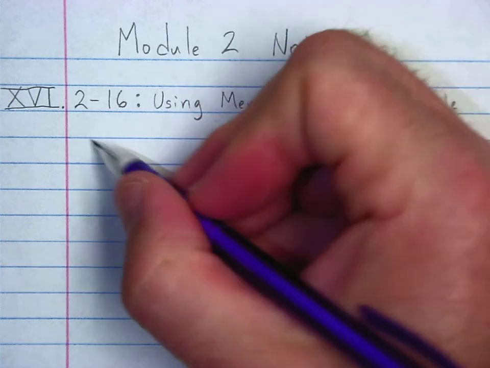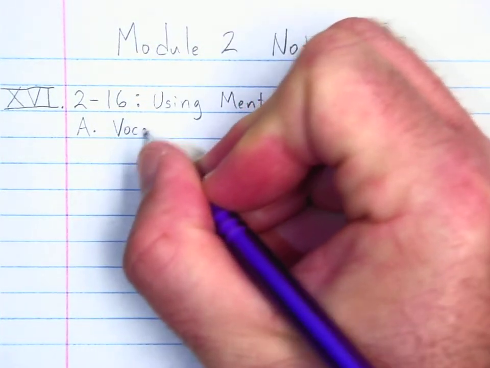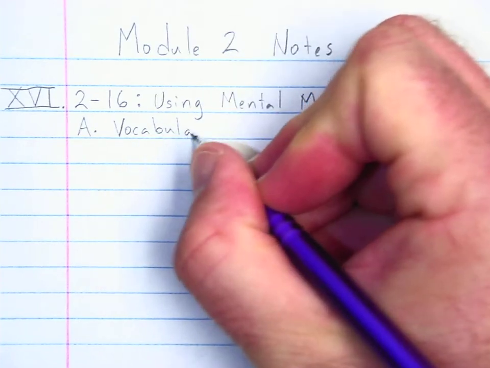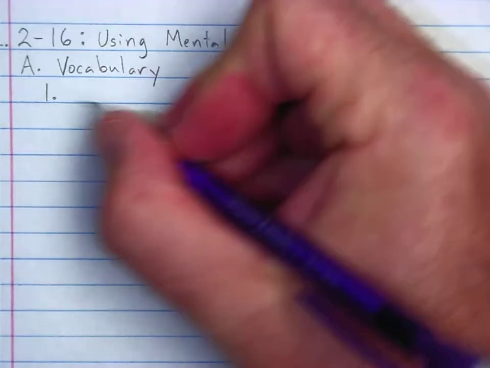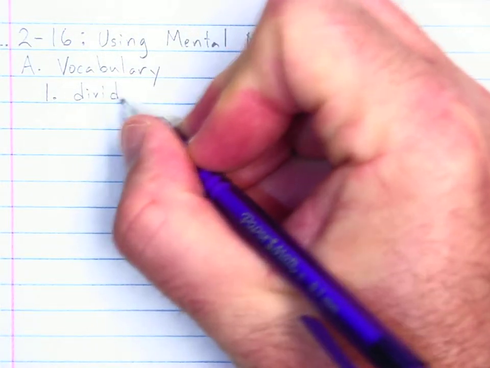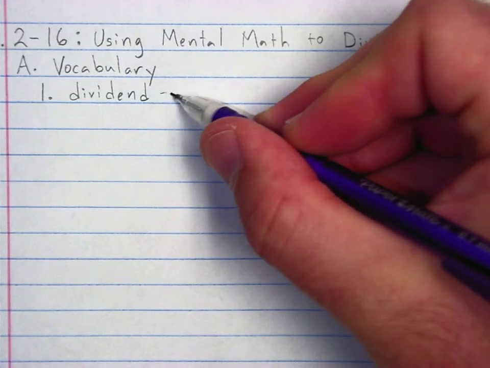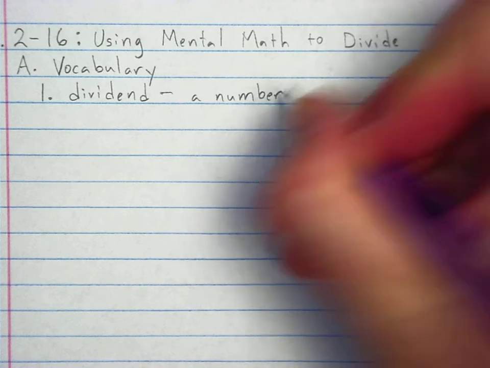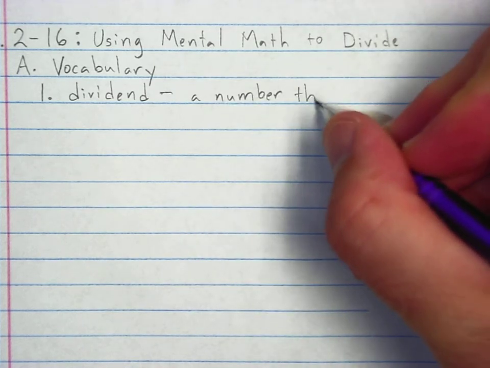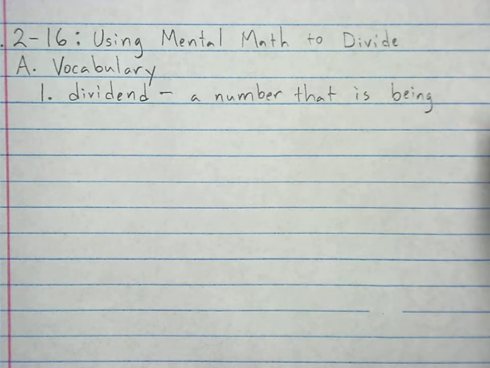Okay. Back to vocabulary. Some of this vocabulary you have heard before, but it's been a while since we've been spending so much time with multiplication. First one, dividend. The dividend is a number that is being broken.